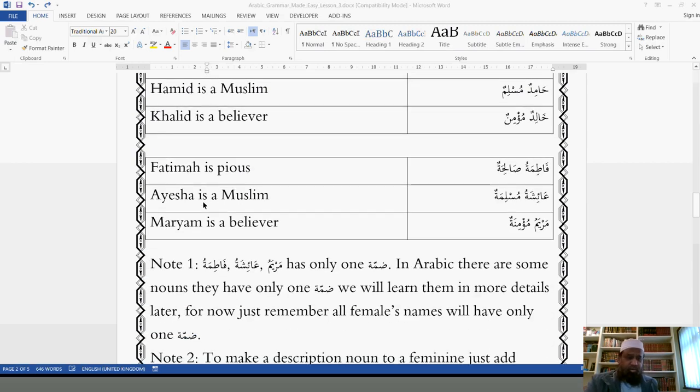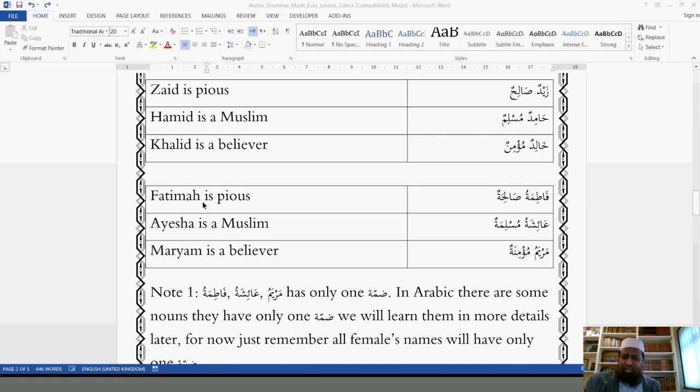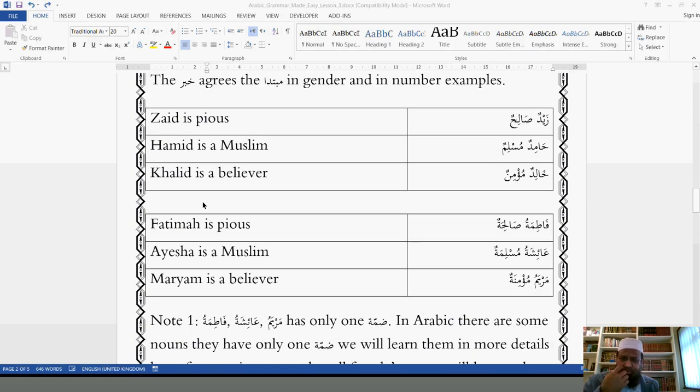Note: Fatimatu, Aishatu, Maryamu have only one dhamma. If you look, Zaydun has two dhammas.